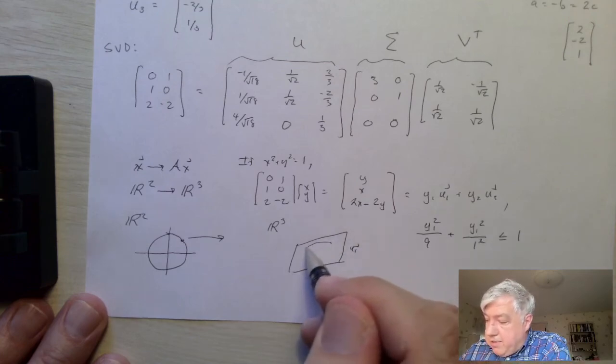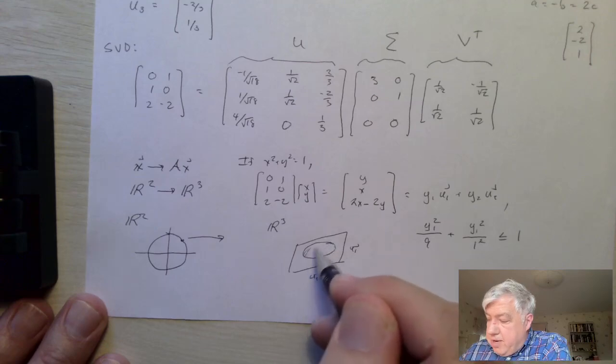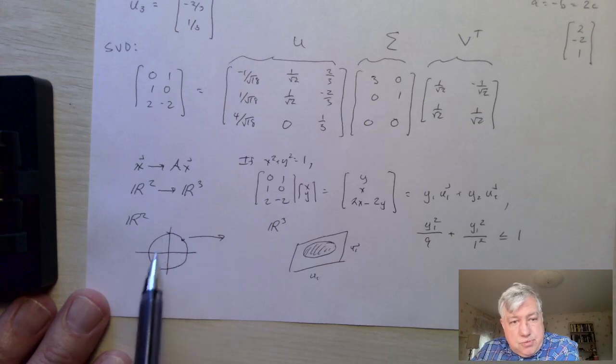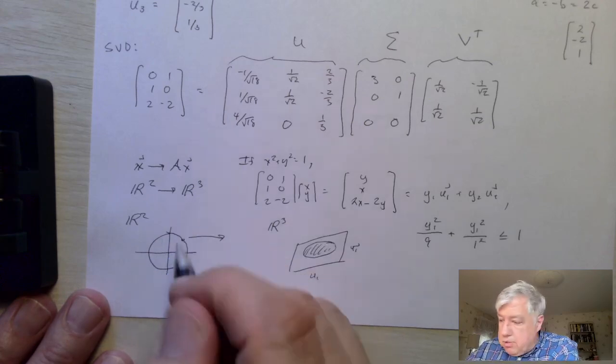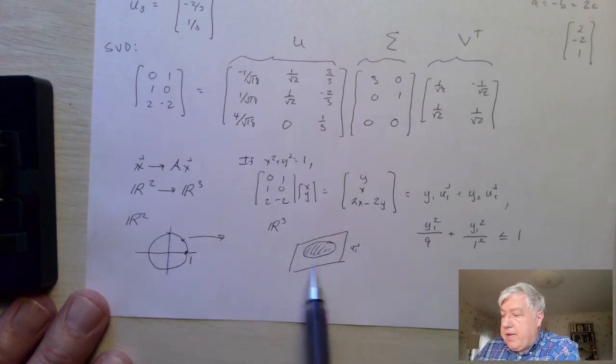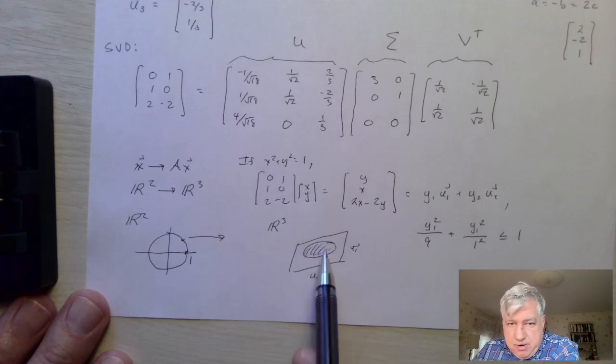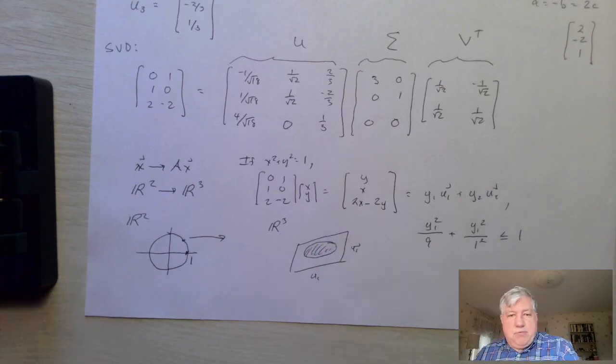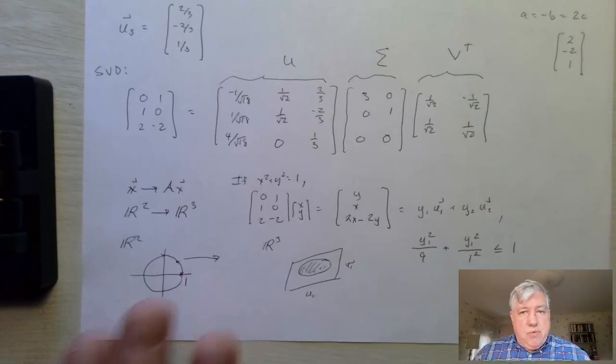The points on the unit circle in R2 get sent to the interior of this ellipsoid, which is embedded in the plane within R3. Okay. And so that's what's going on.